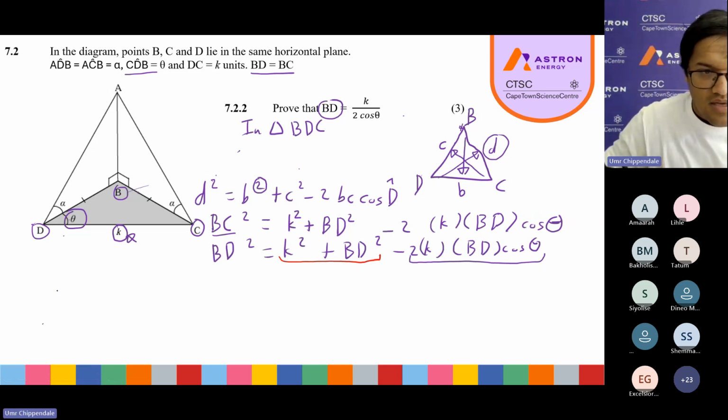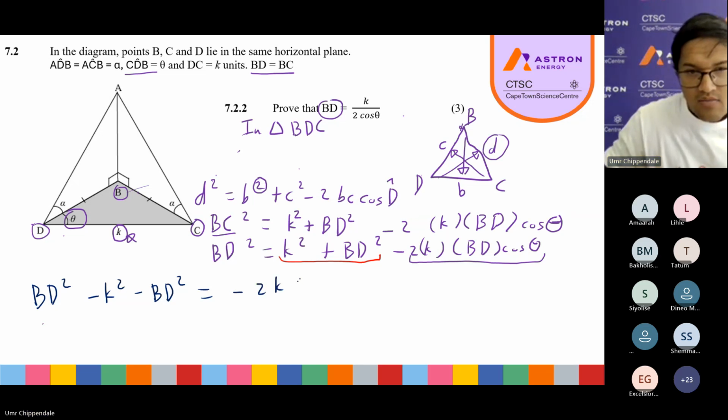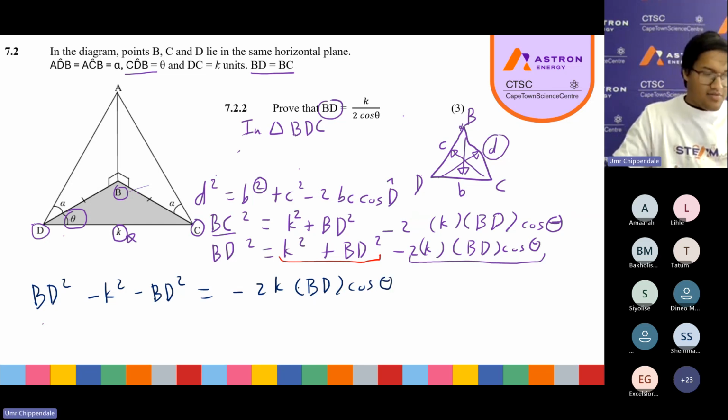Now I can start on the far side to give more space. So BD squared is going to be equal to minus k squared minus BD squared, and that's equal to our negative 2k, still BD cos of theta.